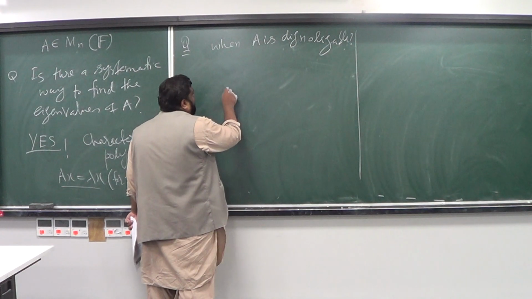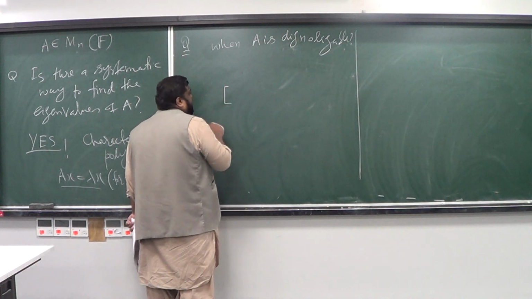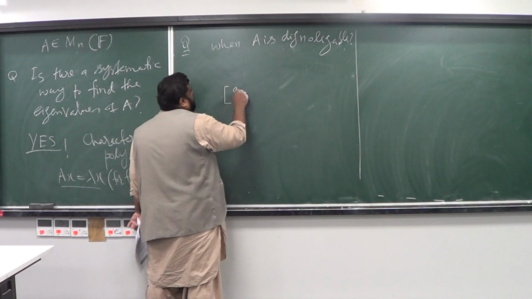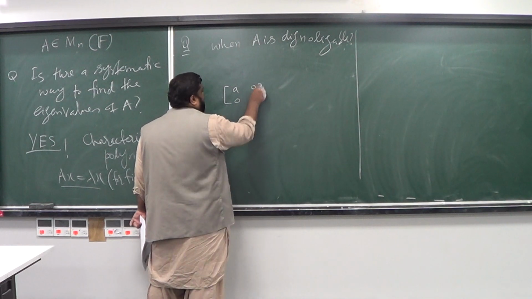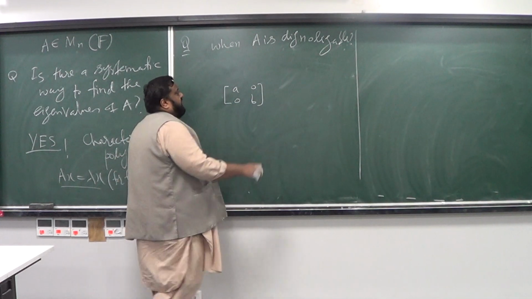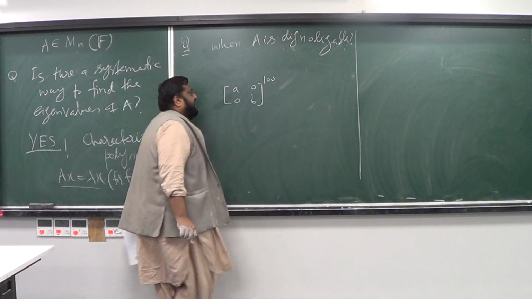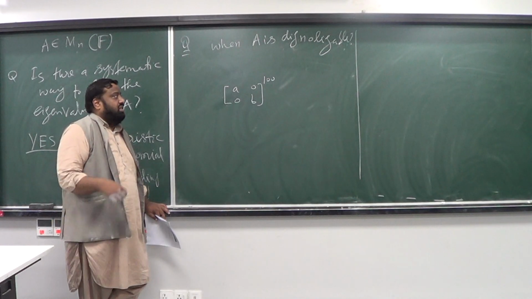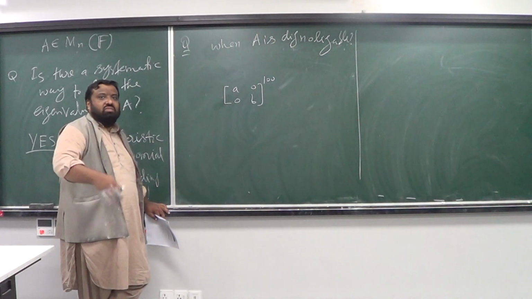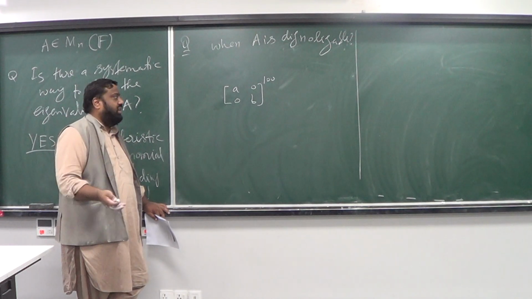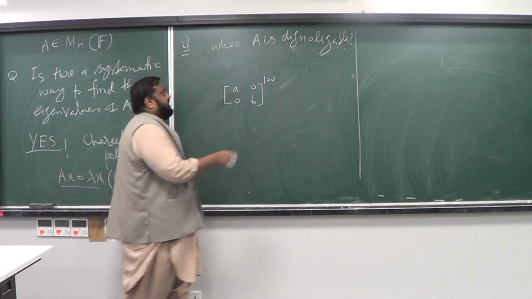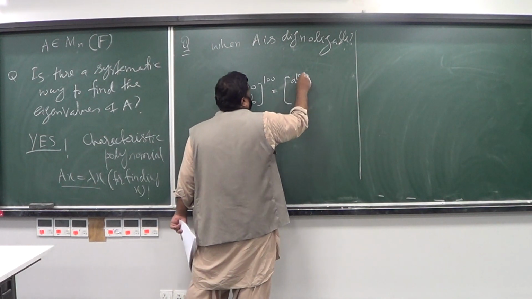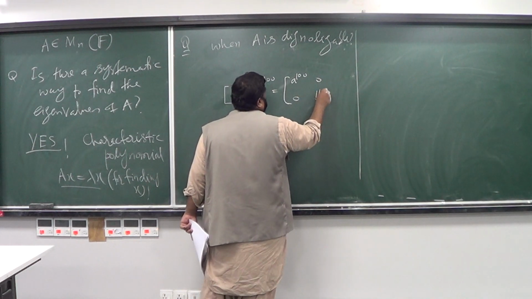The good thing about the diagonal matrix is that for such matrices, it is really easy to compute the higher powers. So for example, if you have a 2 by 2 matrix with diagonal entries A and B and zeros elsewhere, and I ask you to compute the 100th power of this matrix, you could apply your algorithm to compute it. But for a diagonal matrix, it is really easy to just compute A to the power 100, 0, 0, and B to the power 100.